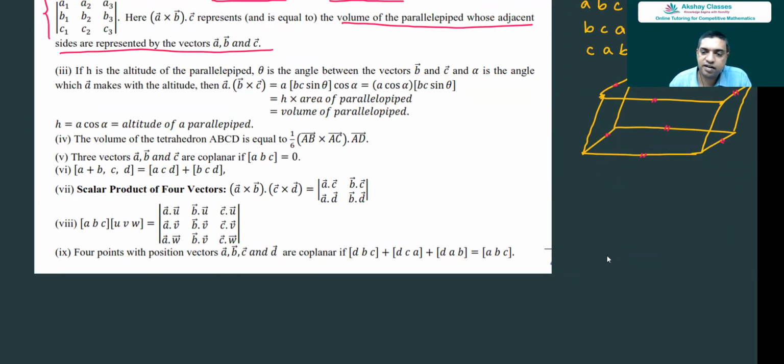The volume of a tetrahedron ABCD. What is a tetrahedron? This is sometimes very useful even in general aptitude type of questions.